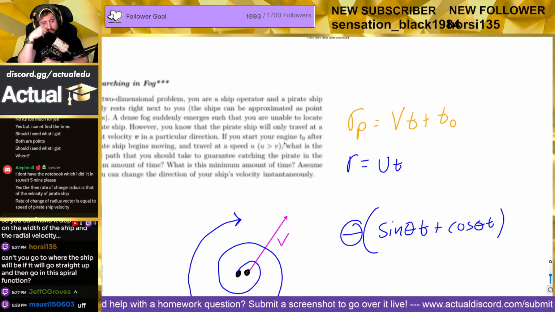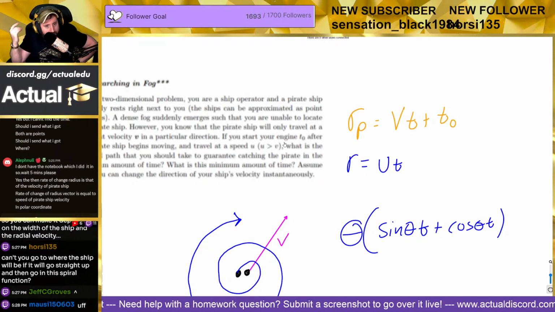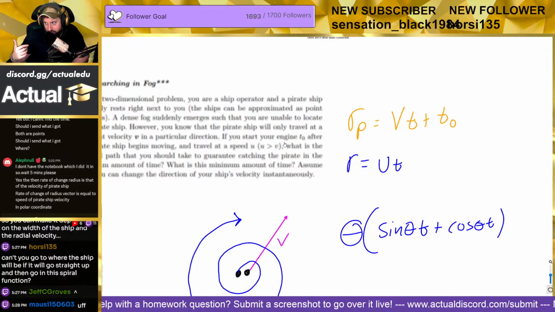Yeah, I agree with the rate of change for the radius vector. But then how fast angularly do you, I mean, of course I would love to travel at an angular speed of like infinity, right?